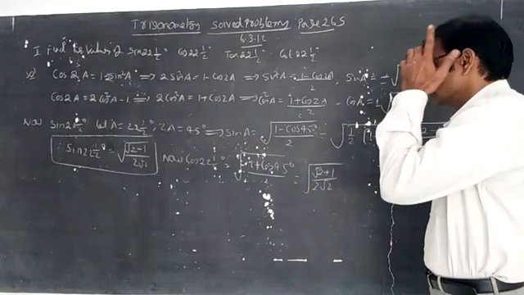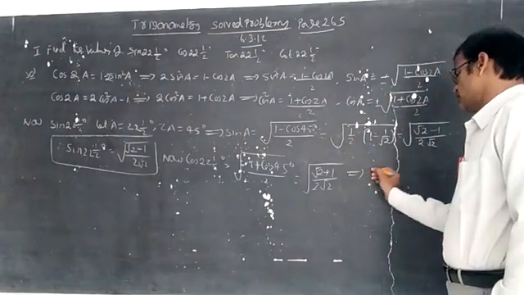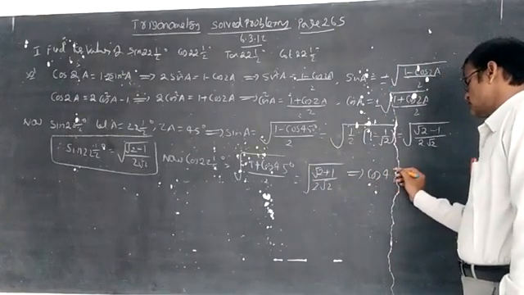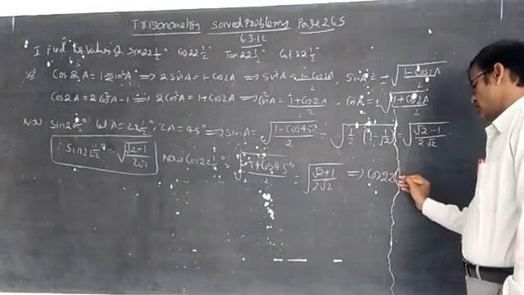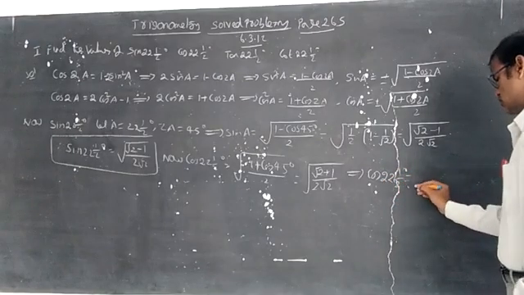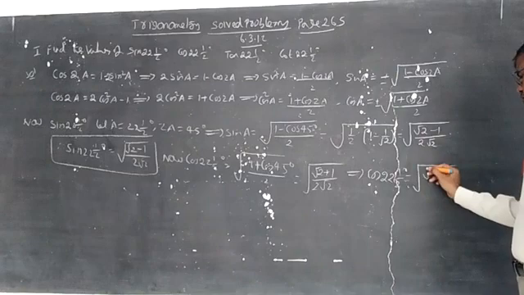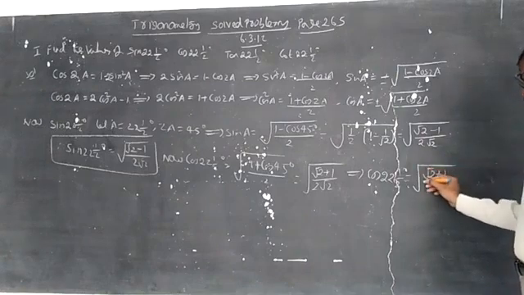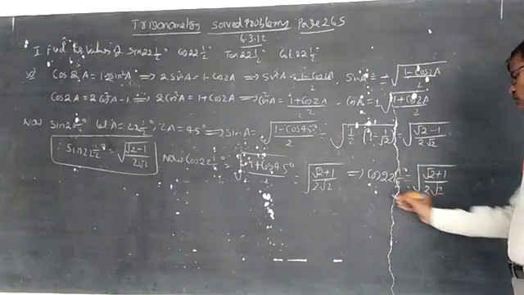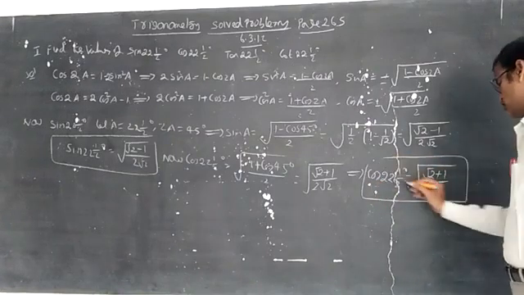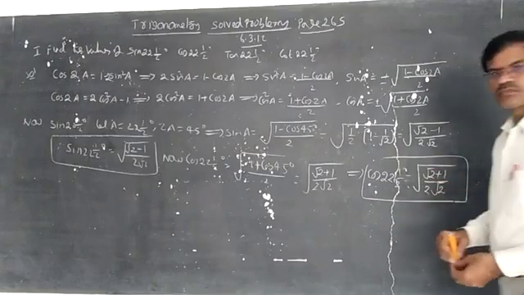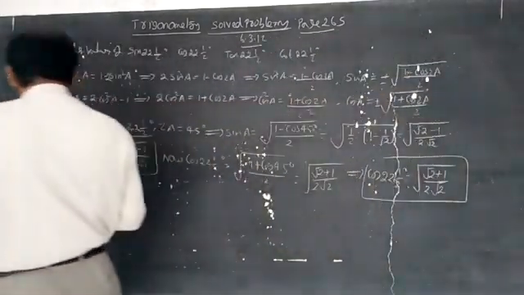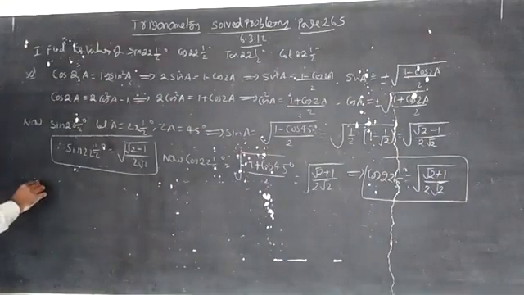Remember, this is also a formula: cos 22.5 degrees is root of (root 2 plus 1) by 2. Keep aside. Next one.